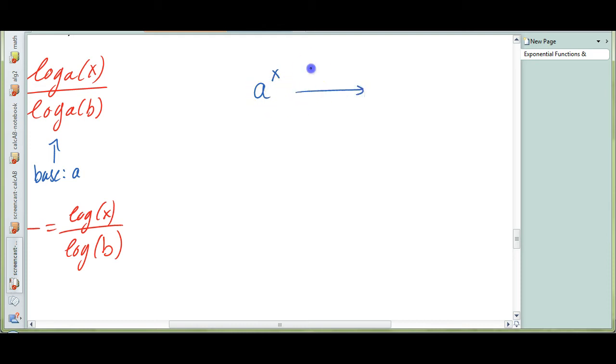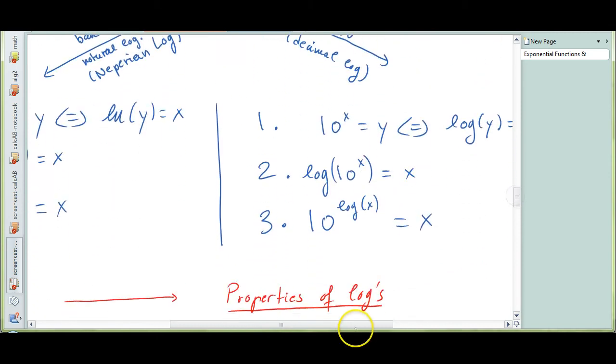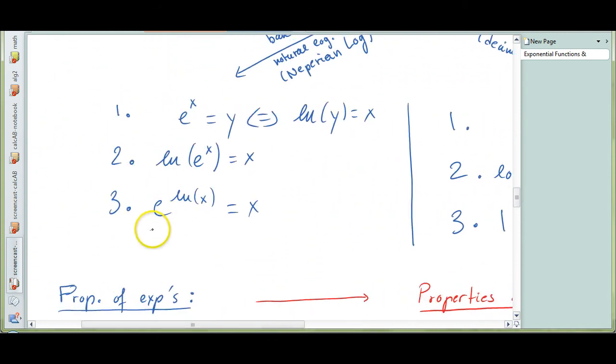So how do we write that in base e? Well, it's very simple. You take a to the x, and you know that this is the same as e to the ln. E to the ln cancel each other, because of this property, and this is just equal to x.